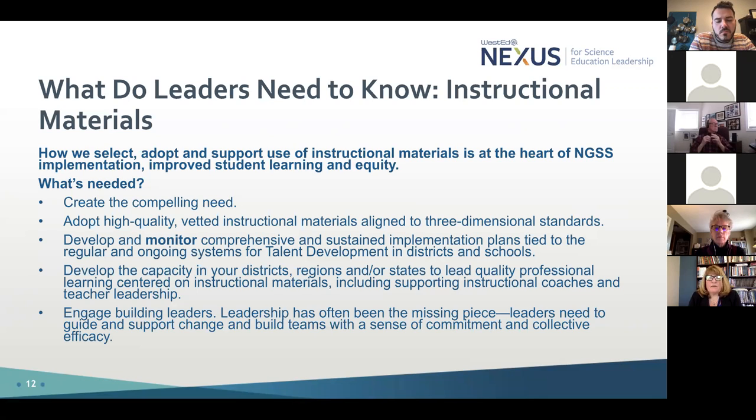And so I think part of our work around promoting high quality instructional materials must be engaging building leaders and helping them to learn enough about NGSS to be an effective leader, and supporting them to build teams that have a sense of commitment to science education taught this way, and a sense of their own collective efficacy, that they can do this, they can really make it work.